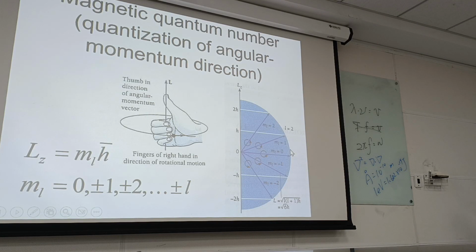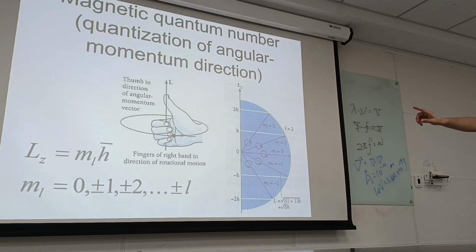You see this a lot from the MRI. So what is ML? We define Lz, the z component of L. Remember what is L?